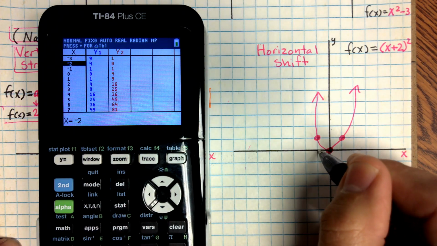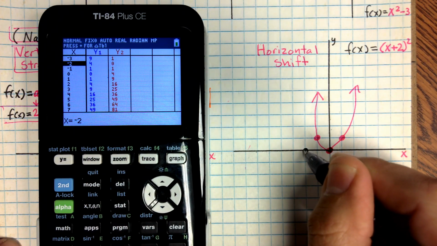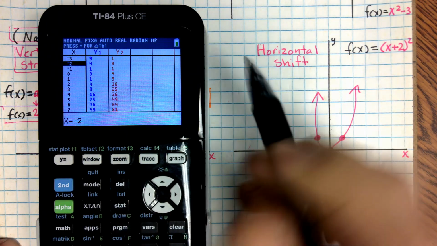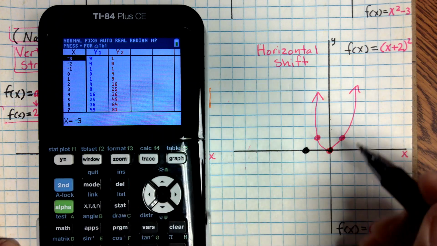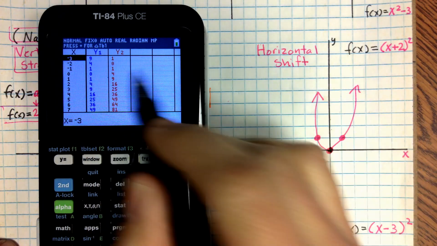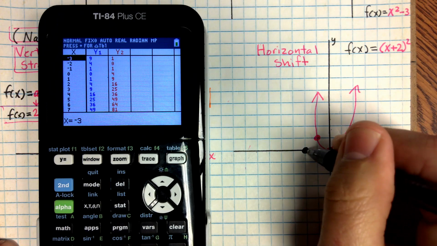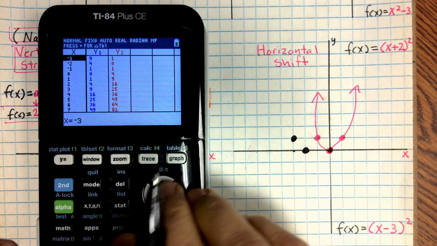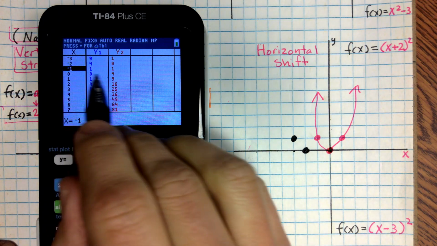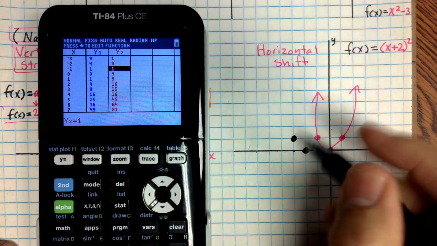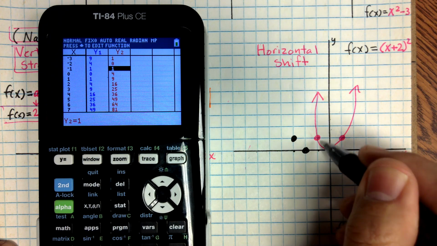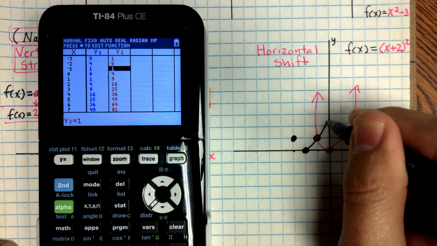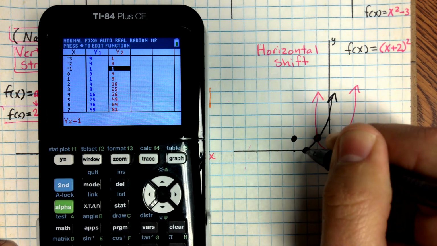So I'm going to move over 1, 2, and I'm going to put a point there. And then if I put my point before it, that's at -3 and +1. And then the other point is at -1 and +1. So it's going to go through this part right here. So my new graph now looks like this.